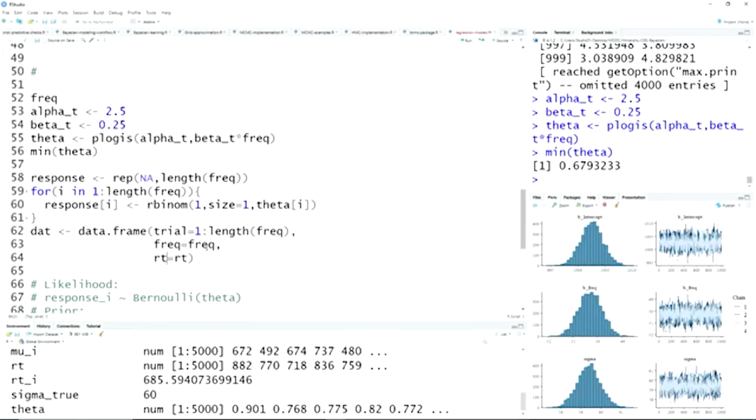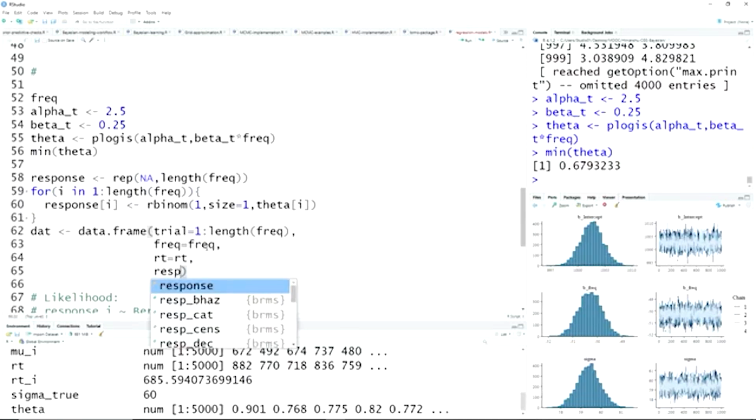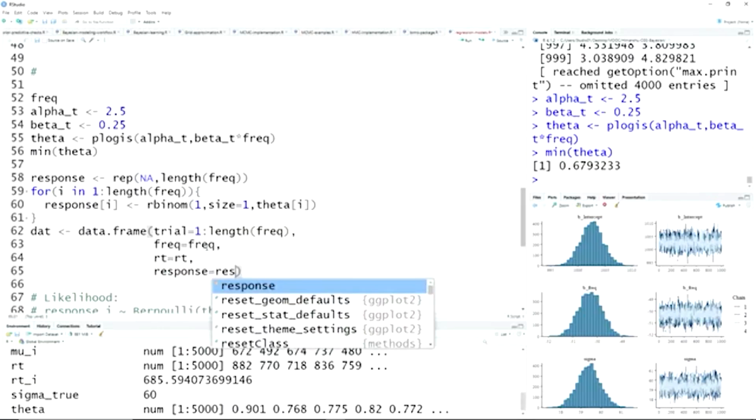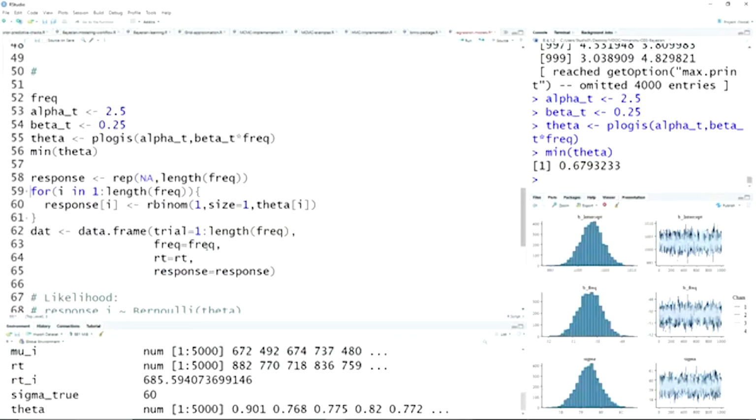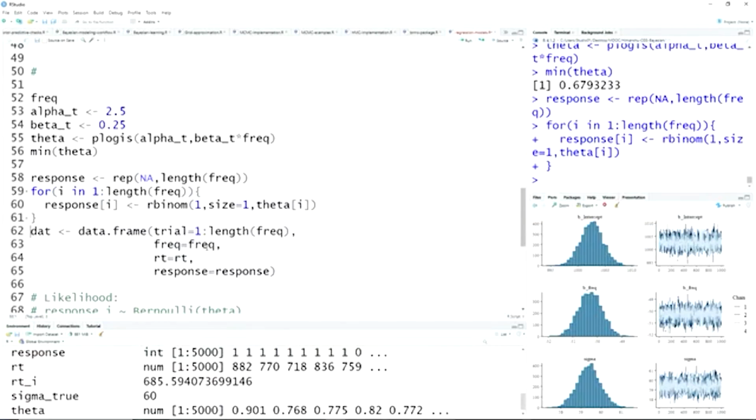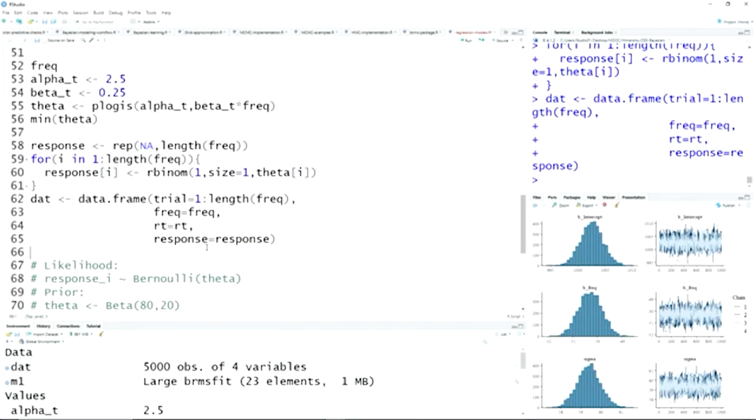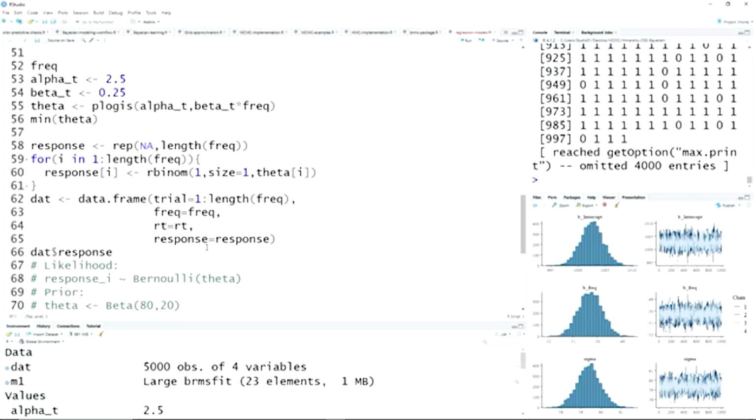Now along with RT, I can record response. So if you visualize response, it's like this. Okay, so now you have data containing recognition times as well as responses 0 1 0 1 as a function of frequency. So I've generated fake data of that sort.